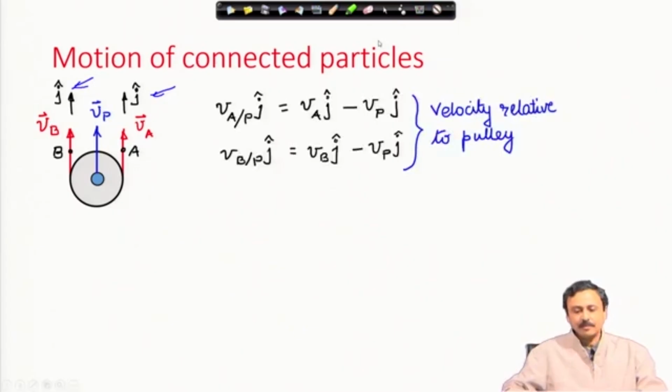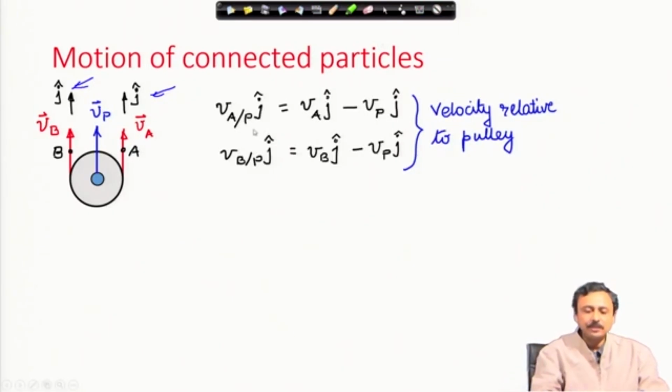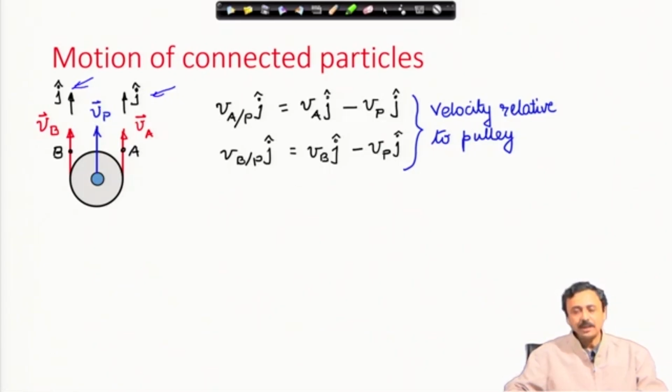Then VA relative to the pulley, the velocity of A as seen by an observer sitting on the pulley, will be VA j cap minus VP j cap, everything in the j cap direction. Similarly, VB relative to the pulley is VB j cap minus VP j cap.